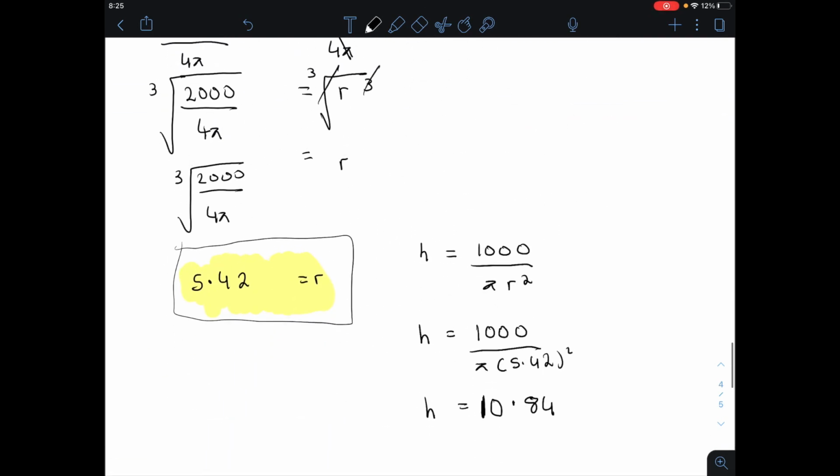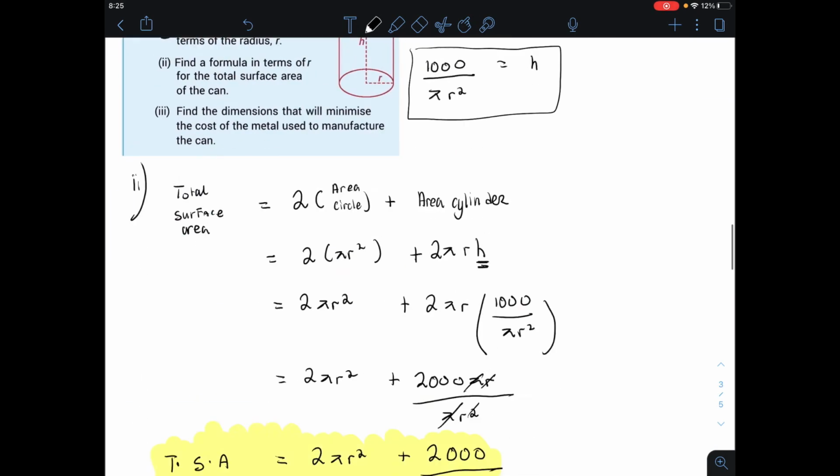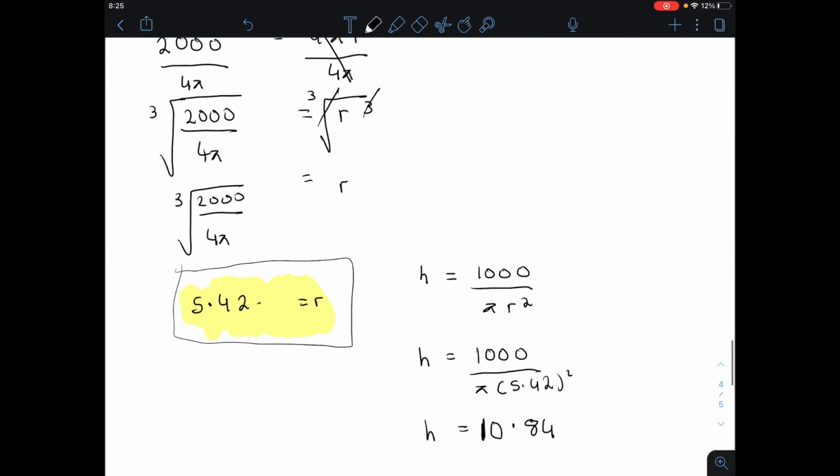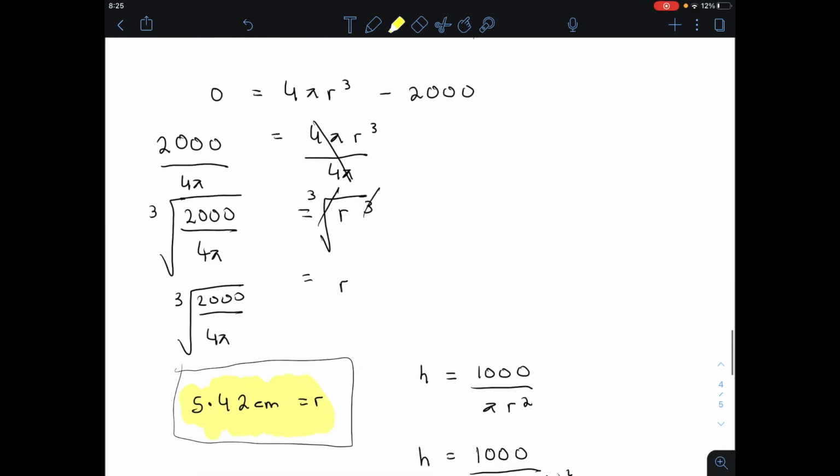And I think both of these values are in centimetres, because at the start of the question we found our volume in centimetres cubed. Therefore, our radius is in centimetres and our height is also in centimetres. So our two dimensions are 5.42 as the minimum radius and 10.84 as the minimum height, which provides the minimum amount of metal we need to have a volume of 1000 centimetres cubed.